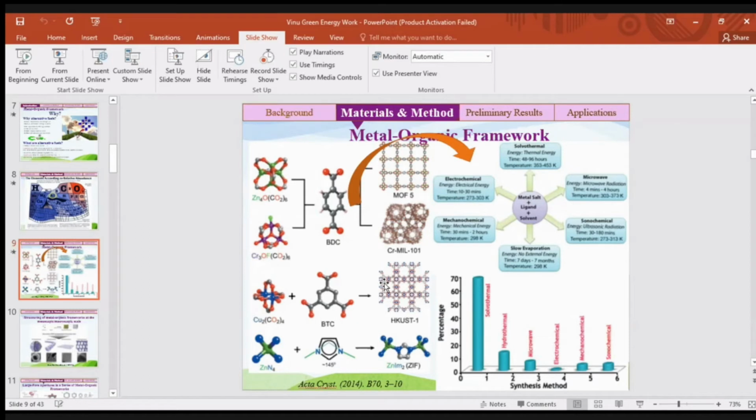The methods are solvothermal, microwave, sonochemical, slow evaporation, mechanochemical, electrochemical. Mostly here we are using the solvothermal method compared to the others, because the other methods can be used for very small time only.